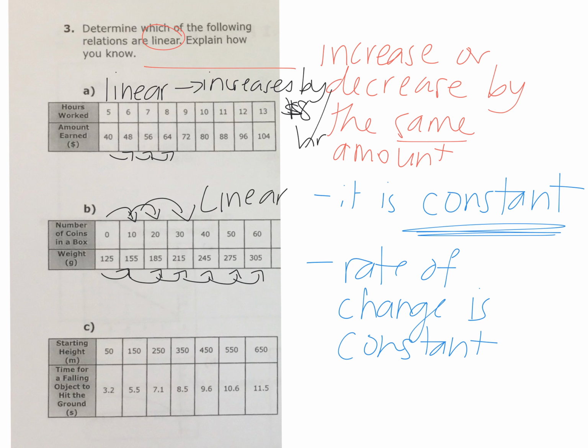Good? Okay. C. Does the starting height increase by the same amount? Look at the table. This increases by the same amount, but does the time for a falling object to hit the ground? No, it doesn't increase by a constant amount, so we would say this one is non-linear.